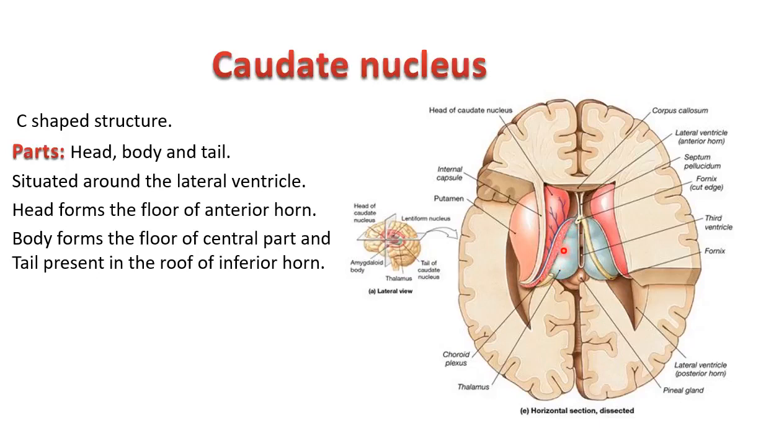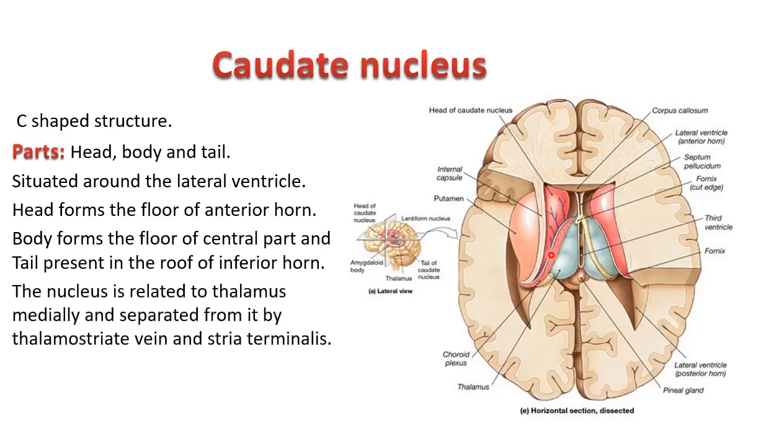What separates the caudate nucleus from the thalamus is the thalamostriate vein and the stria terminalis. You will be able to see a band, the stria terminalis, on the thalamus. This is the posterior part, or pulvinar, of the thalamus, where you have the medial and lateral geniculate bodies.